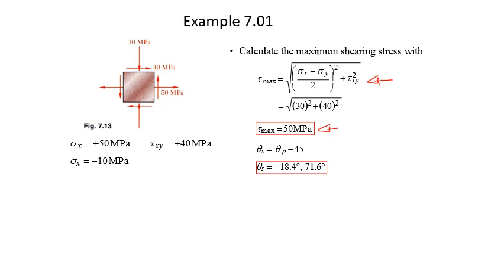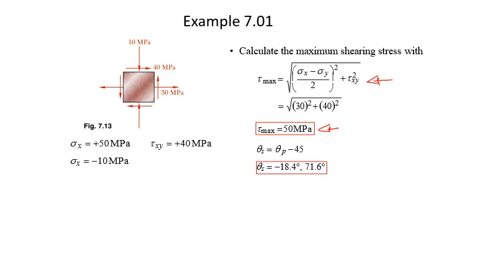Therefore, on the direction, you get this. But again, you need to know which plane is having positive and which plane is negative. They are all the same, right? 50 megapascal, but they have different directions, positive and negative.